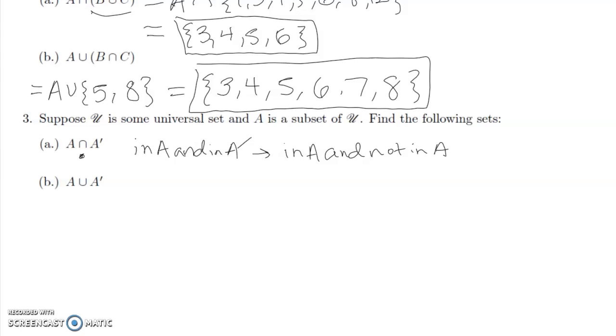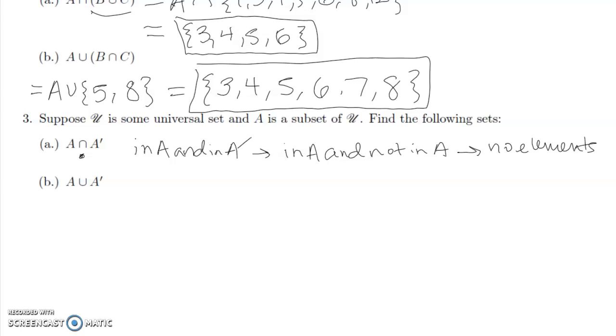And, well, if we think about that, it's impossible to be in A and not in A. So this would have no elements. Nothing would satisfy that. It's not possible to be in A and not in A. You can't be inside of it and outside of it at the same time.